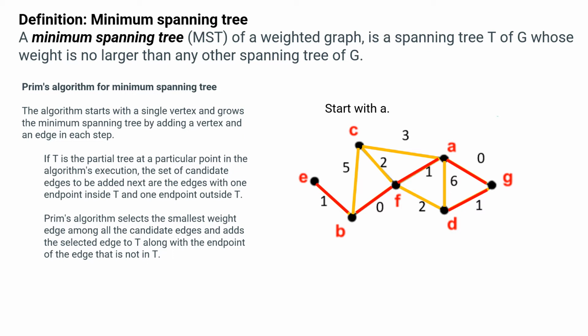If I add AD, I have a cycle. If I add FD, I have a cycle. And there's no reason to add those anyway because we've already found part of this tree that goes through F, A, G, and D.